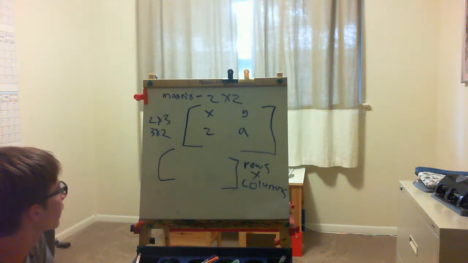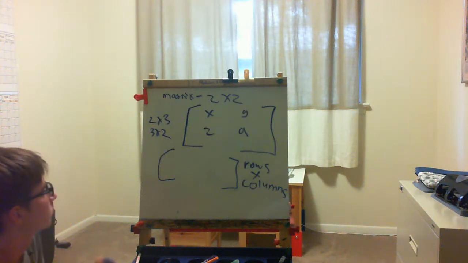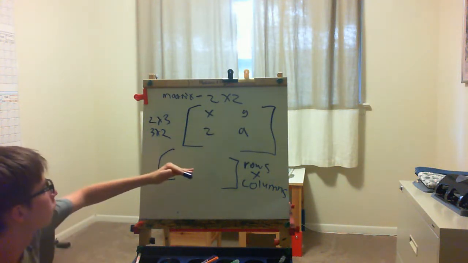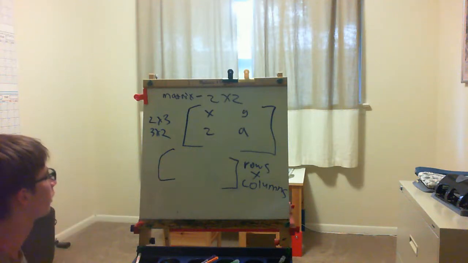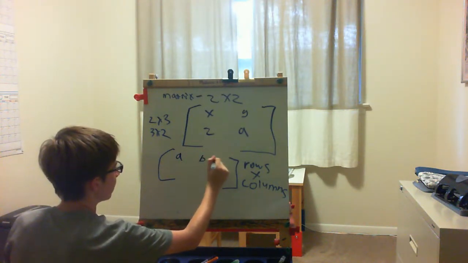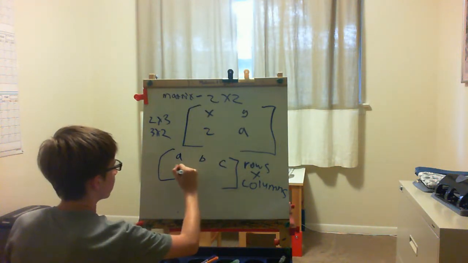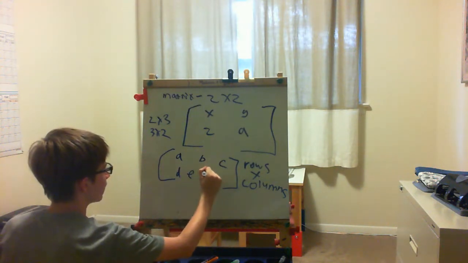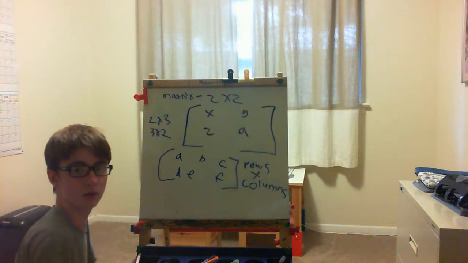So a 2 by 3 would be something like, see, 2 rows, 3 columns, so it would be A, B, C, D, E, F, okay?